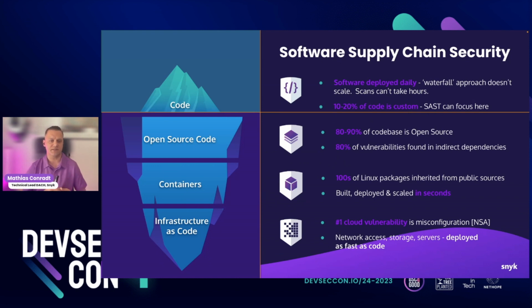The problem is that a lot of the default configurations aren't perfect in the sense that they're not the most secure. I have to do some proper adjustments to actually make my infrastructure and environment secure. This is also the main problem that the NSA points out: the number one problem of cloud vulnerabilities is misconfigurations.